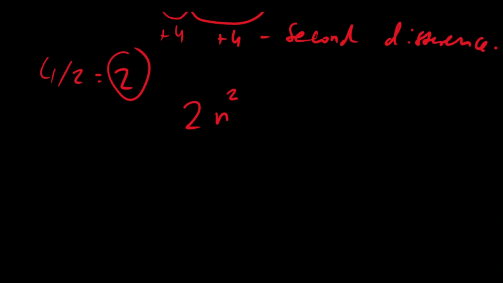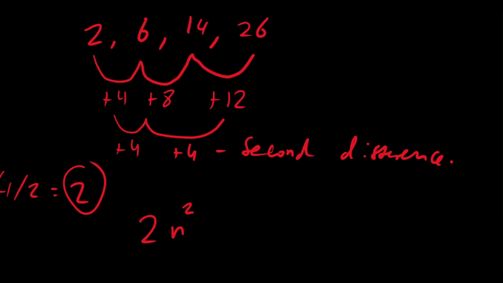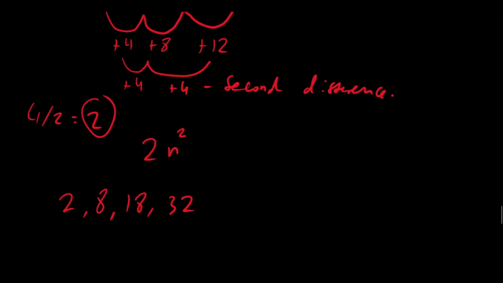So what is 1 squared multiplied by 2? 2. What is 2 squared multiplied by 2? 4 multiplied by 2 is 8. 3 squared is 9, 18. Okay, 4 squared, 16 multiplied by 2, 32. Okay, so now what is the difference between these two sequences?